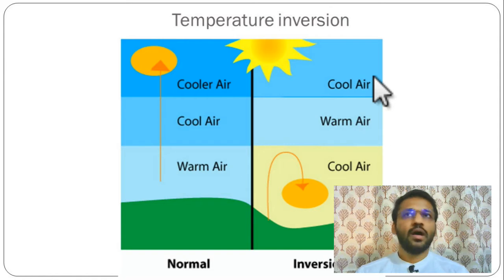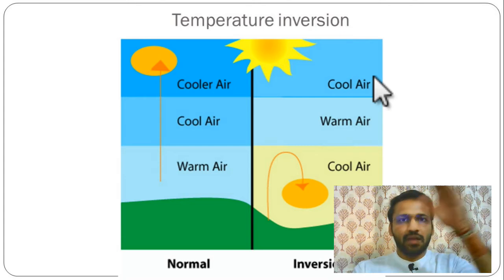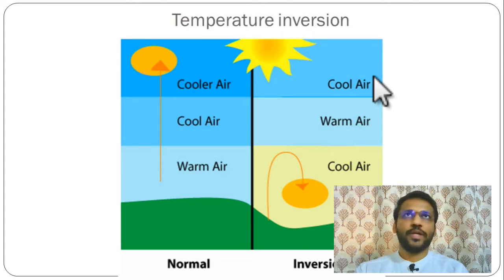So what happens? Earth loses its heat initially very quickly in the daytime. So for example, when evening is setting in, Earth has almost lost 50 to 60% of its heat through long wave solar radiation. As night approaches, this process quickens further, and when the night gets deeper and deeper, let us say in the morning at 3:30 or 4 o'clock, Earth has lost its heat completely.